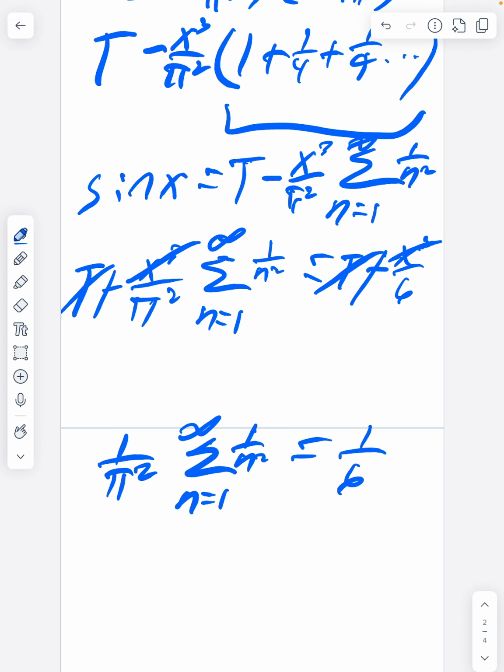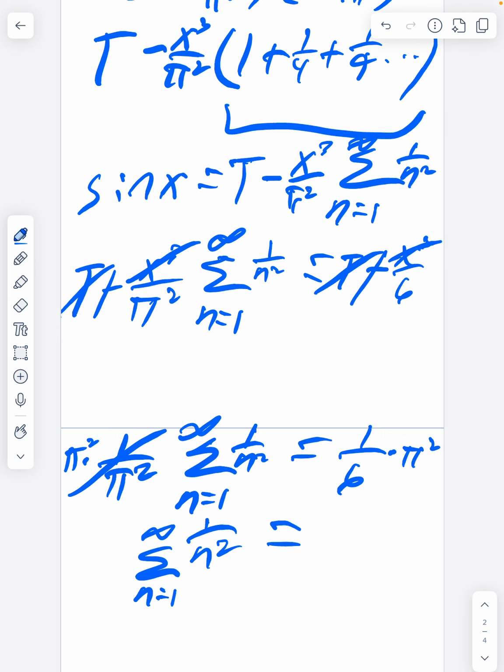Now all we've got to do is multiply both sides by pi squared. And now we're left with the sum from n equals 1 to infinity of 1 over n squared equal to pi squared over 6.